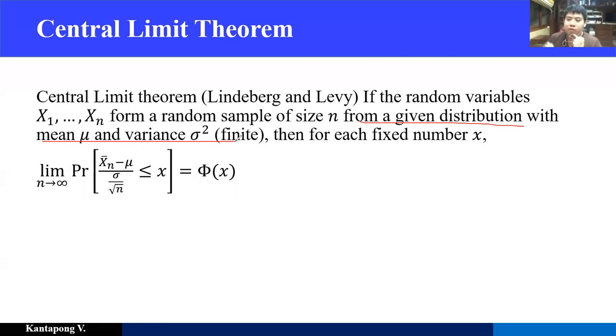Then for each fixed number x, the probability that (Xn bar minus mu) over (sigma over square root n) is less than or equal to x will converge, as n goes to infinity, to the normal CDF. That's why we use the normal distribution in almost all hypothesis testing.